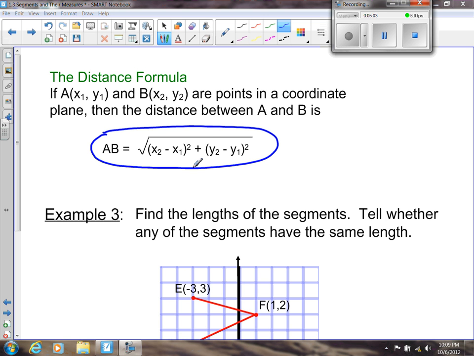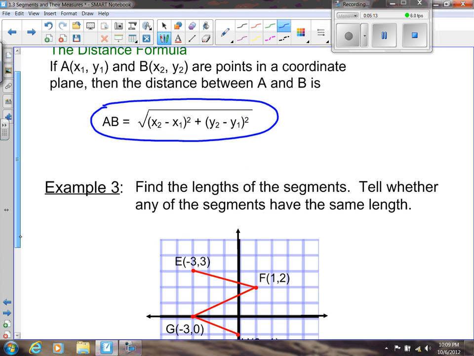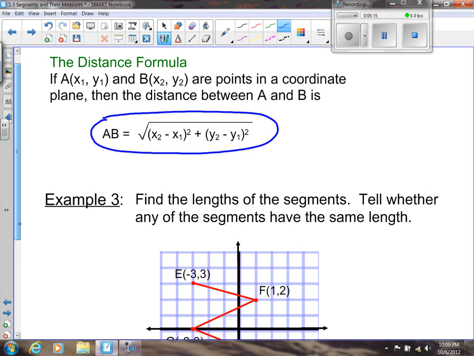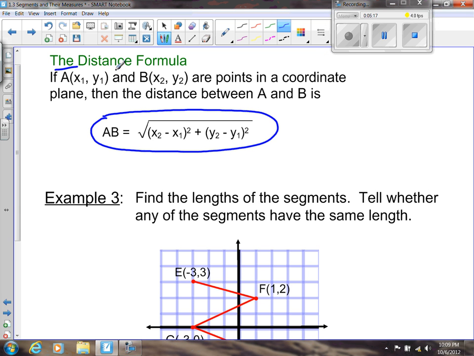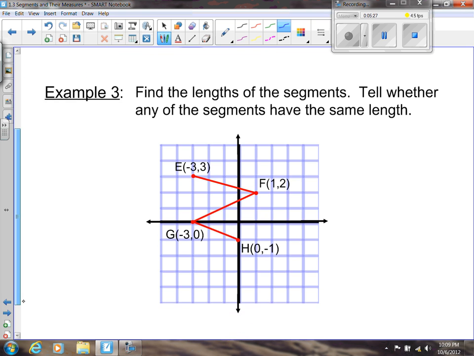Put it somewhere where you can find it, and make sure you write it down right. I get a lot of people that mess up and they write it down, and then they get the wrong answer, and it's kind of sad when that happens. But distance formula, that's the key, and then basically you can write that down. You don't need to write all the words, but we can use that to find the lengths of different segments.